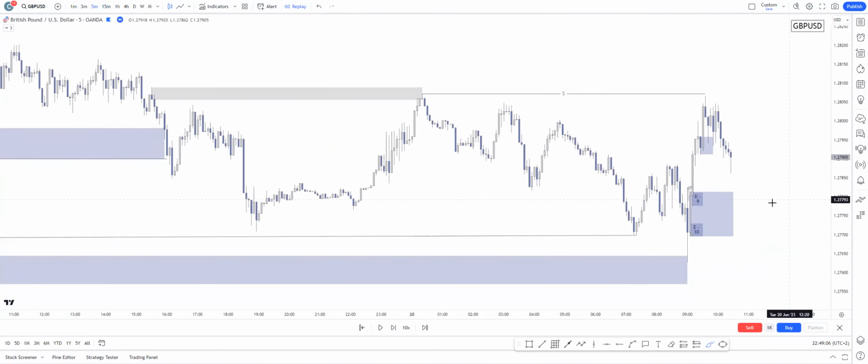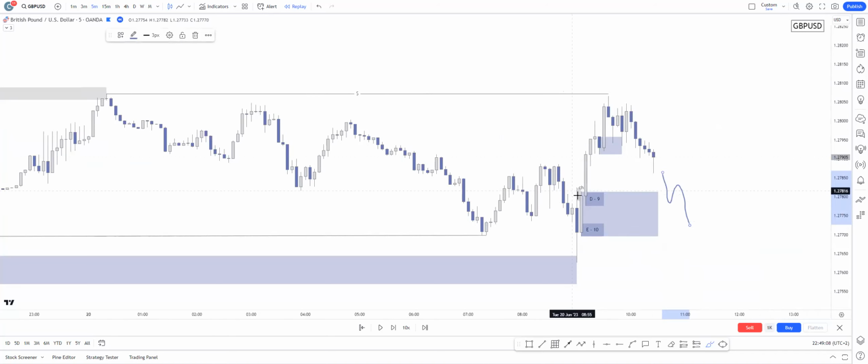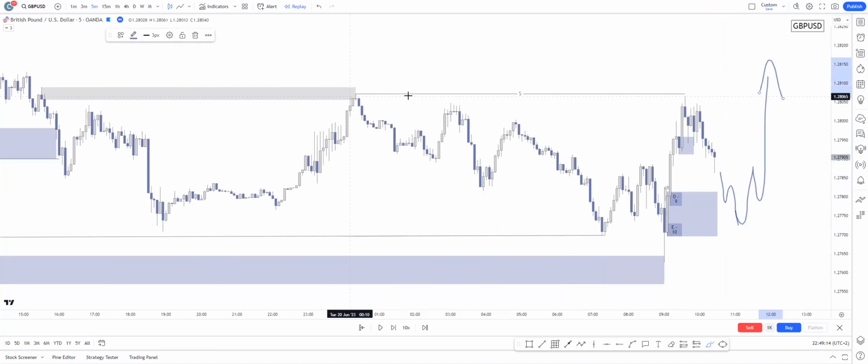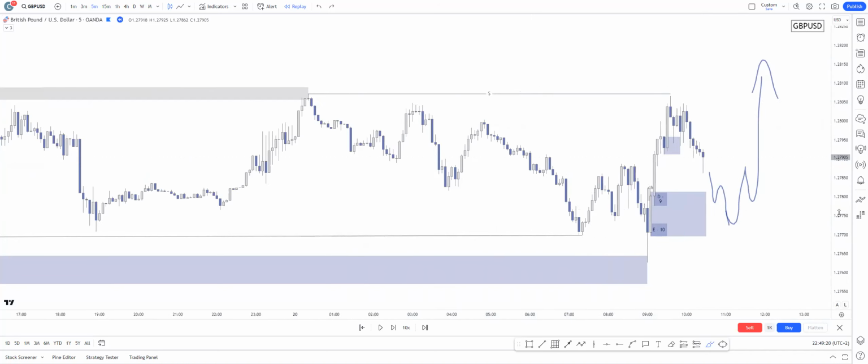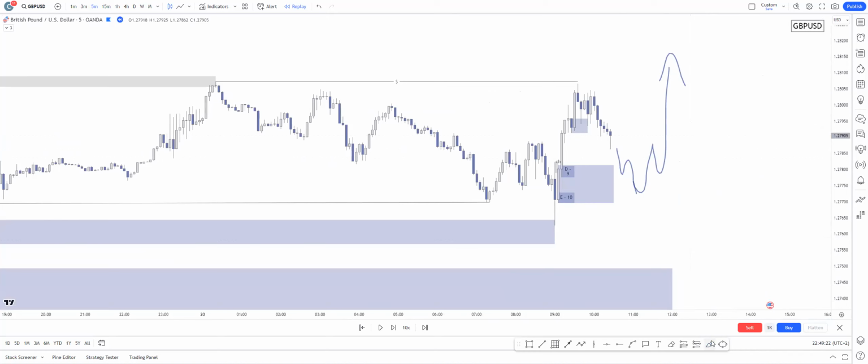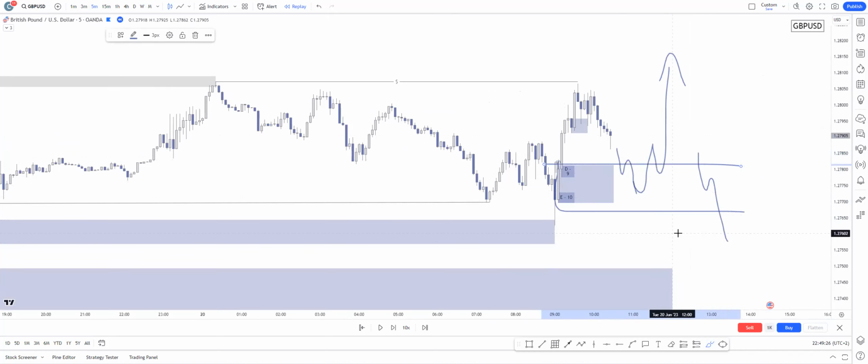So the best scenario in this case is to wait for a confirmation entry on this 5-minute demand area. If it happens, then we can take longs, expecting a sweep of this liquidity. We can target this high, these double tops, with our longs, or we can expect the flip of this zone. And probably if the flip of this 5-minute demand happens, we will see a mitigation of the lower demand.